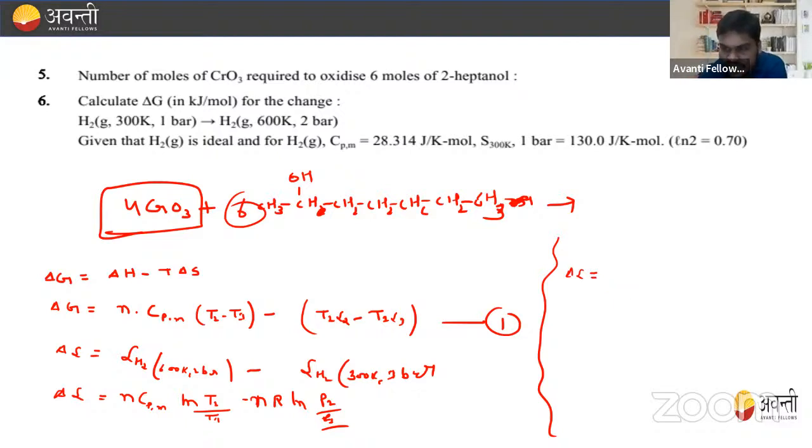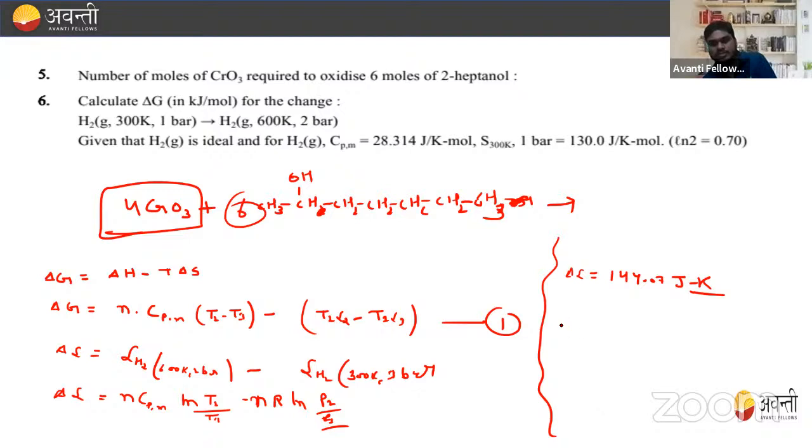When you solve this, you'll get 1 into 28.314, that is CPM is already given. So it comes out to be 144.07 joule per Kelvin, right?